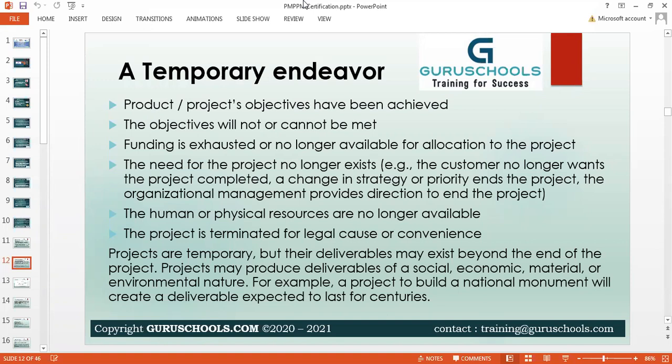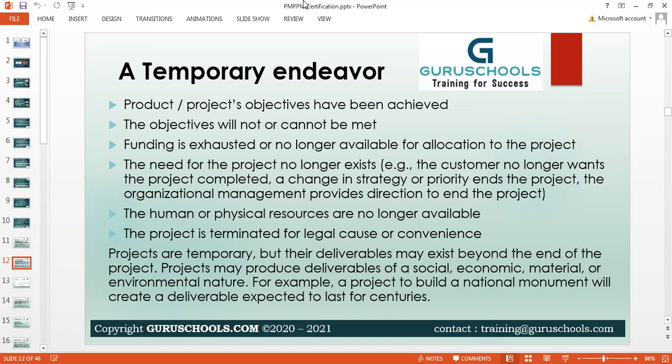So it's a national monument created by the government which will last for centuries. That was a project. It started on a specific day, it ended on a specific day. An extension of a specific day is possible. That's what we call longer execution or skewed execution of a project. But it was defined as a project because it was a temporary endeavor.